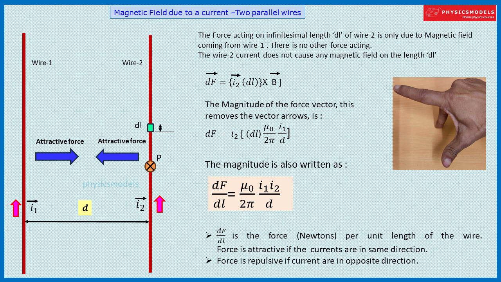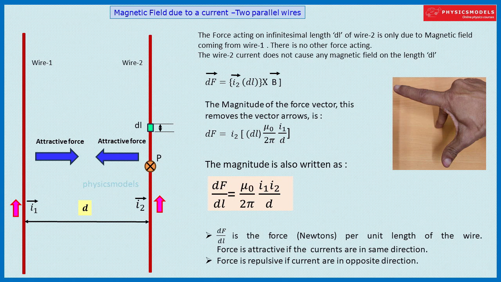That is due to wire 1. So that's mu0 by 2 pi into I1 by d. So if we substitute for B, we will get the magnitude of dF as I2 into dl into mu0 by 2 pi into I1 by d. That is, dF will be equal to dl into mu0 by 2 pi into I1 I2 by d.